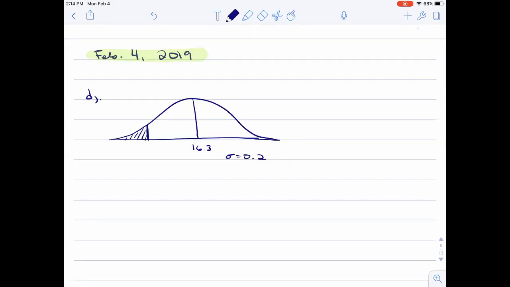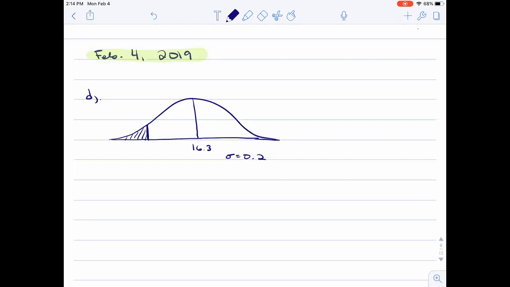A percentage is an area under the curve. So no more than 4% weigh less than this amount. Now we're working backwards. We're forcing this area to be 4% and then finding what amount that is.